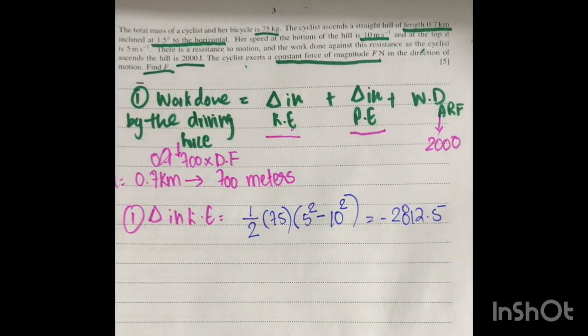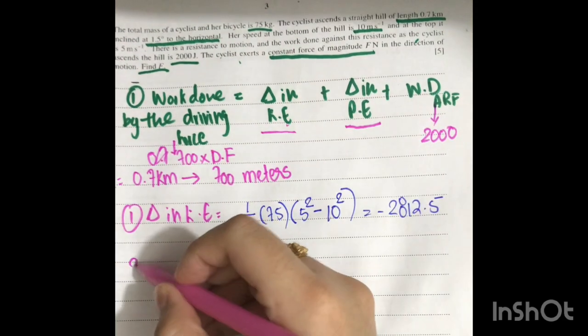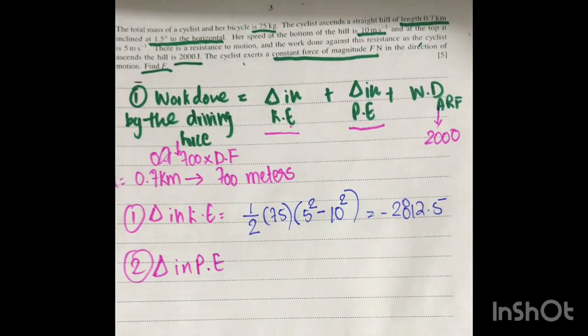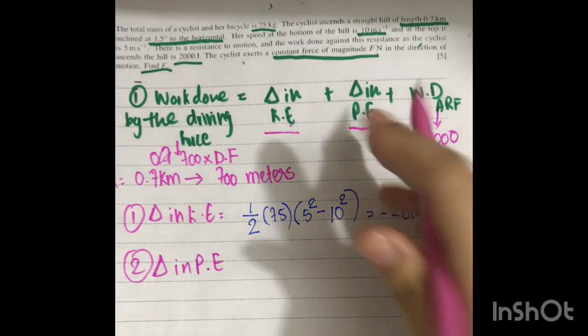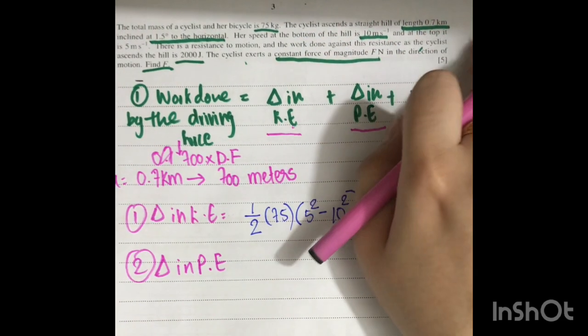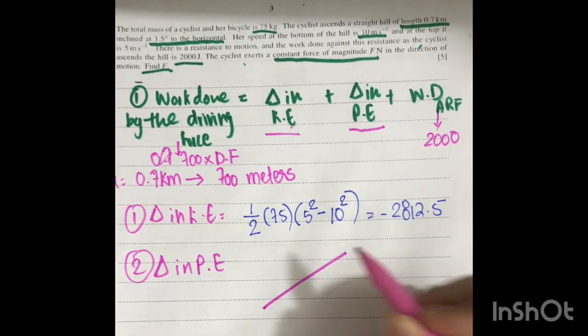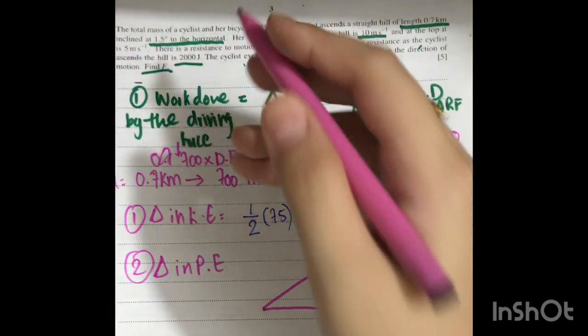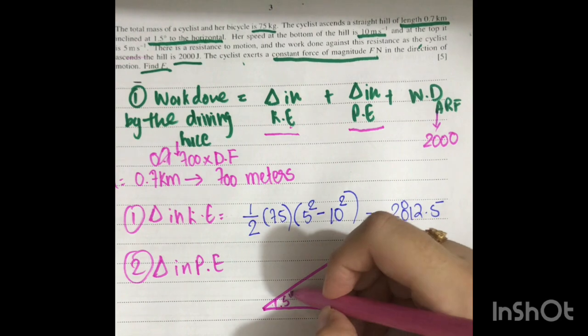And then we need to find out the change in potential energy. For this we will need to use trigonometry rules. So let's assume the cyclist ascends a straight hill of length 0.7 kilometers. So let's assume this is the hill and it is inclined at 1.5 degrees.